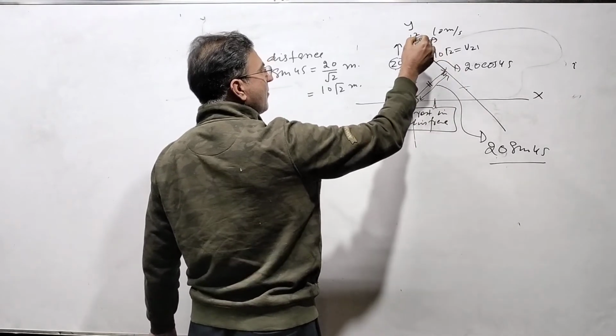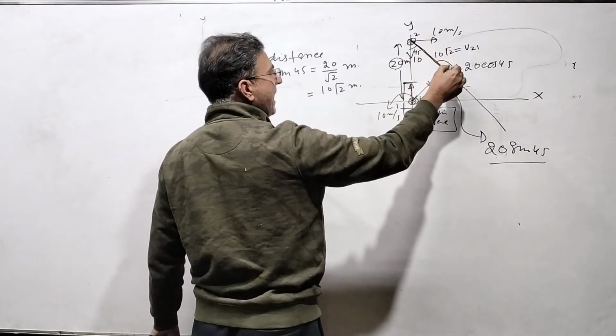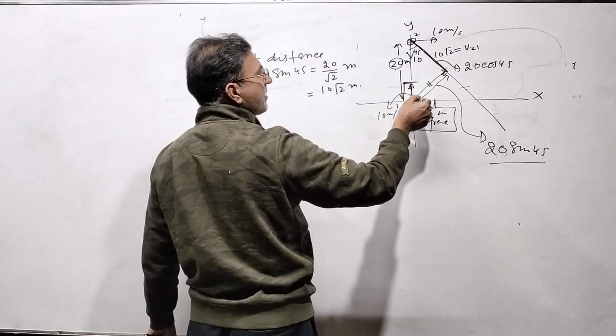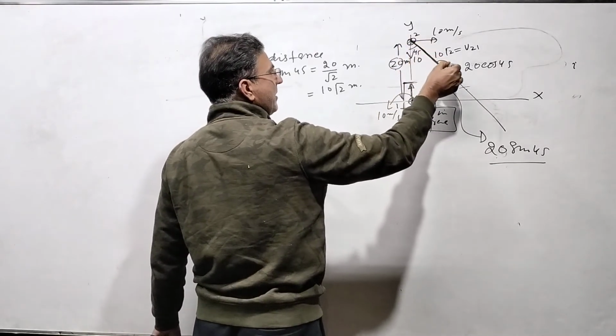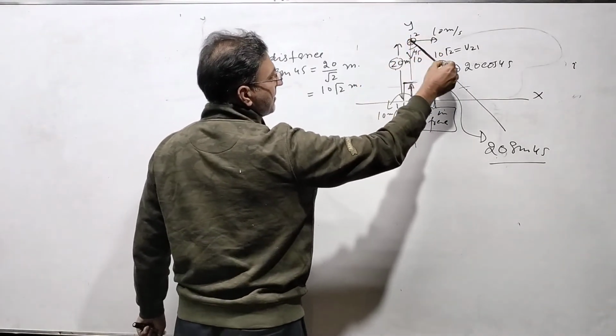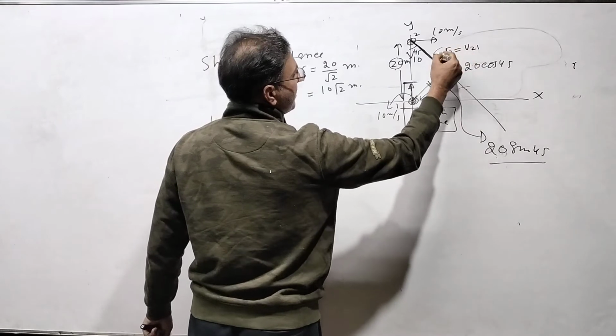In which time does it achieve that shortest distance? What time does it take from here to here? So that is the time in which it achieves the shortest distance. How much time will it take from here to here? Time is this distance divided by velocity.